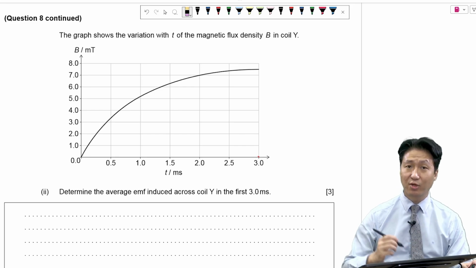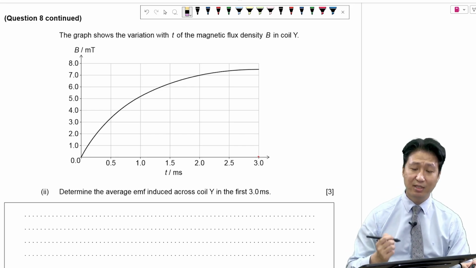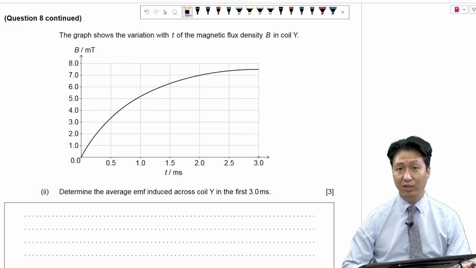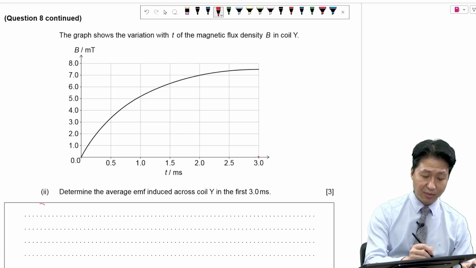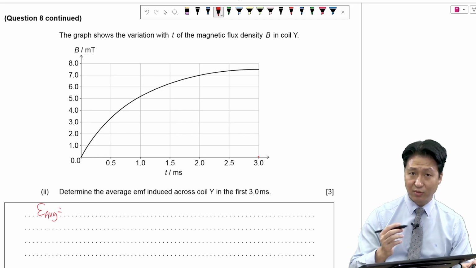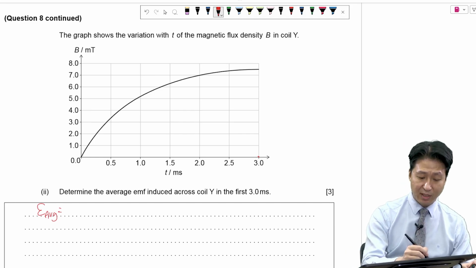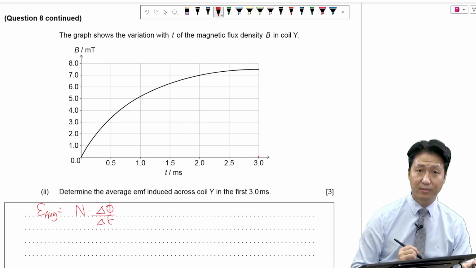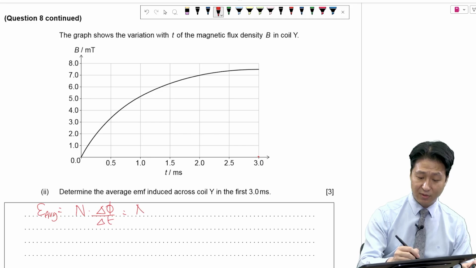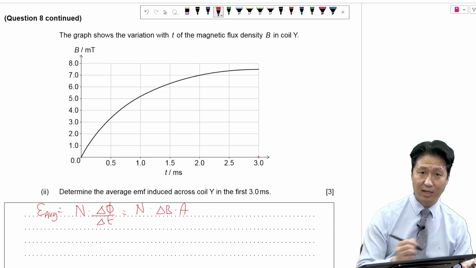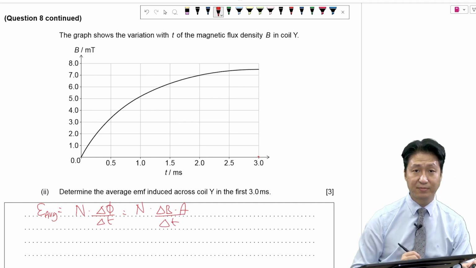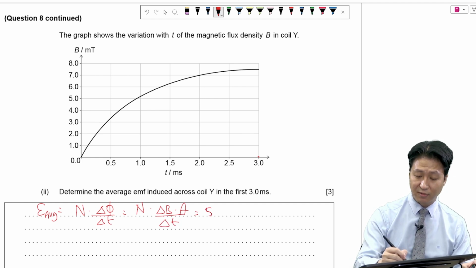In this following question, it says that the graph shows the variation with time t of the magnetic flux density B in the coil Y. Determine the average EMF induced across coil Y in the first 3 milliseconds. The induced EMF, on average, will be, there should be a negative sign here, but it's just absolute value for now. It's the number of turns times the change in the flux over the change in time. In order to find the change in flux, you have to get the change in the magnetic field strength times the area, with the change in time. Number of turns is 5.